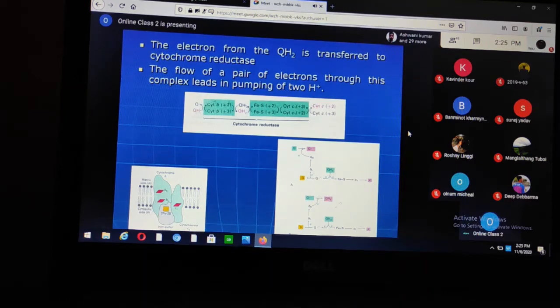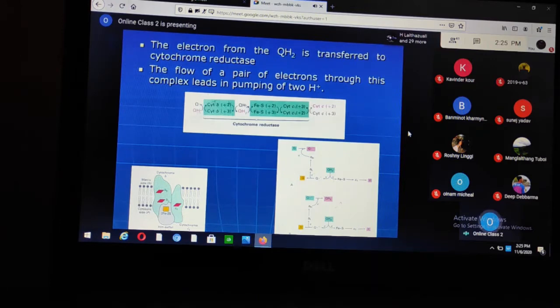One electron from the QH2 is transferred to the iron sulfur complex, which in the oxidized form, plus 3, is reduced to the iron sulfur complex 2 plus. Only one is transferred, so the QH2 is converted to the semiquinone intermediate.